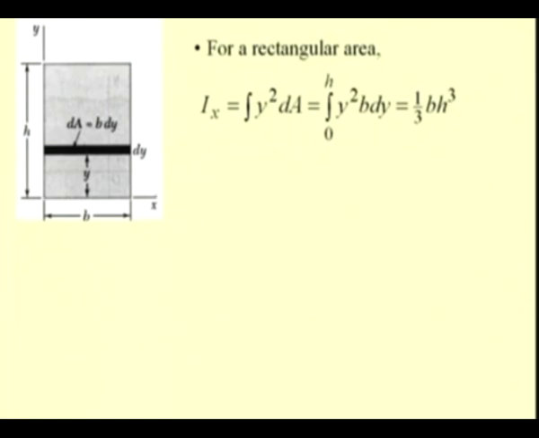So, if we want to find the second moment of this area with respect to the x axis, then we have Ix equal to integral y square dA, where dA is B times dy, and so we have the quantity y square B dy, which has to be integrated between the limits, that is 0 to h, where y varies from 0 to h, and if we integrate this, we have the value as 1/3 B h cube.